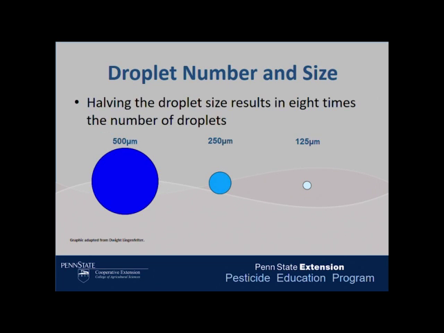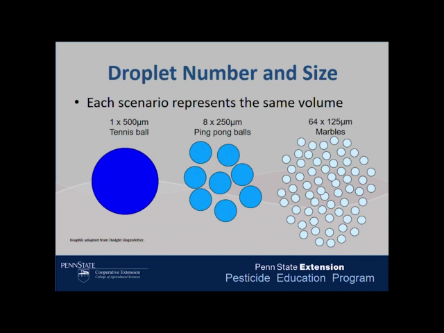Now keep in mind that when we cut the droplet size in half, we actually result in 8 times the number of droplets. So let's say, for example, you have a tennis ball, and let's say that that's 500 microns. When we cut that in half, we have 250 micron, but we have 8 times the droplets. We cut that in half, we now have 64 marbles at 125 microns.